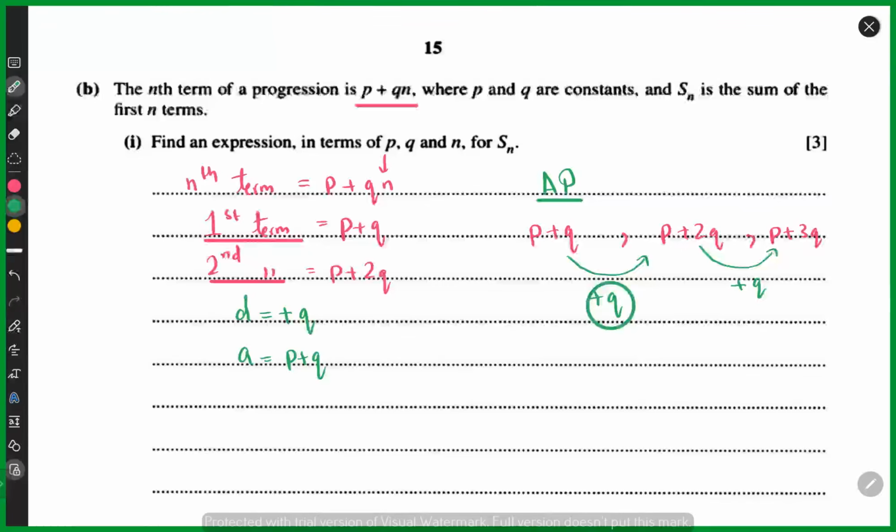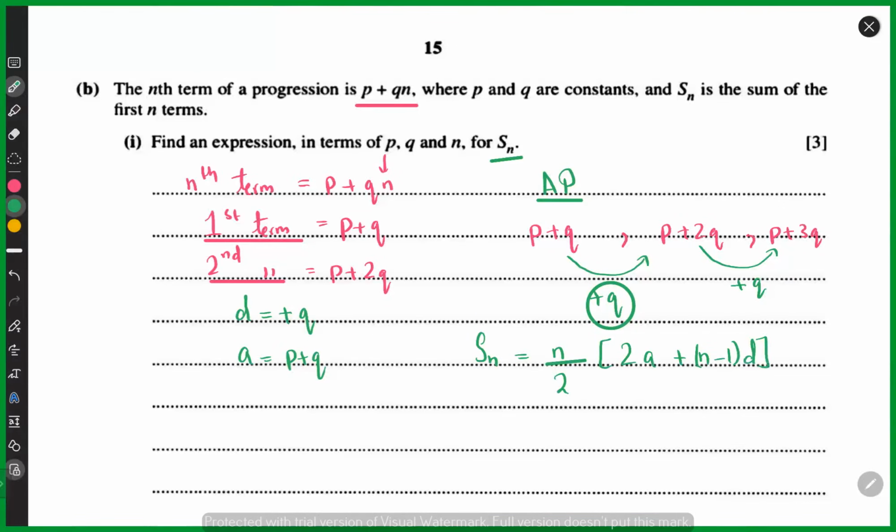So how do we write down the sum formula in case of arithmetic progression? Sn is equal to n divided by 2 multiplied by 2a plus n minus 1 into d. This is the formula. Everything is clear.